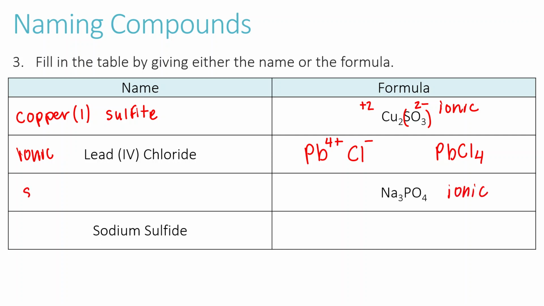First I need to name Na, which is going to be sodium. We always know that sodium is going to be +1 because of its position on the periodic table, so I don't need a Roman numeral here to indicate the charge. Now I just need to name PO4, which is phosphate.